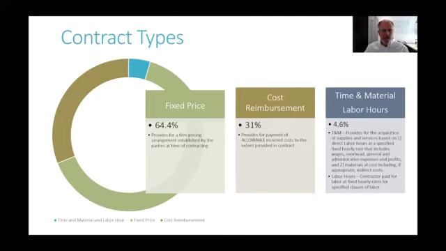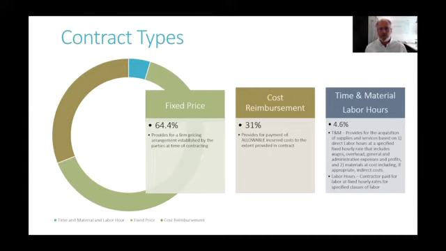But the big difference between fixed price and something that's related to cost is who's taking the risk. On a fixed price contract, the contractor is who's taking the risk. The government told you what they needed. You go in, you do your research, you do your analysis, and you say, my company can deliver this service for this amount of money. And the government holds you to that in a contract.